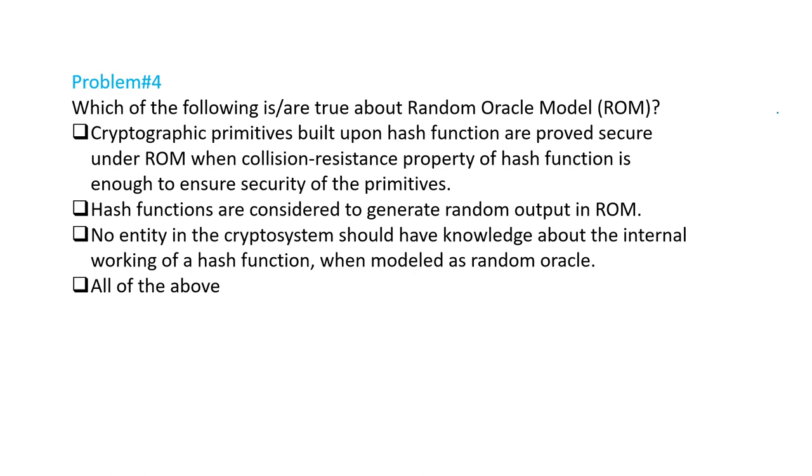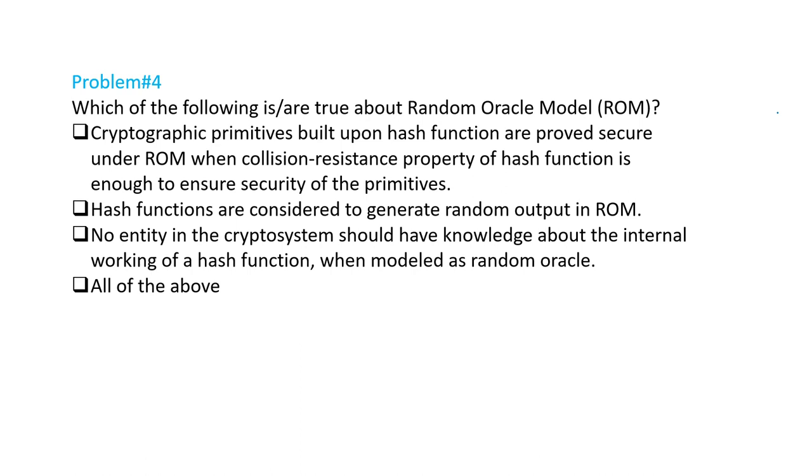When do we consider the random oracle model? That is when only the collision resistant property of hash function is not enough to prove the security of a crypto primitive. Then only we try to see whether assuming random oracle model will help us, right?